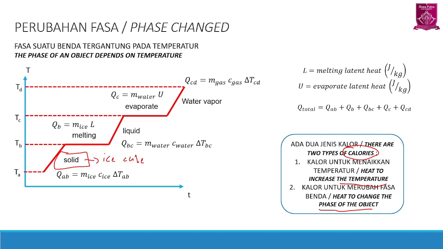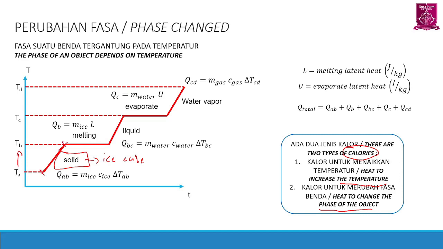there will be an increase of temperature from TA to TB. This is the heat to increase the temperature. The heat is equal to the mass of ice multiplied by the specific heat of ice multiplied by delta T AB, from here to here.